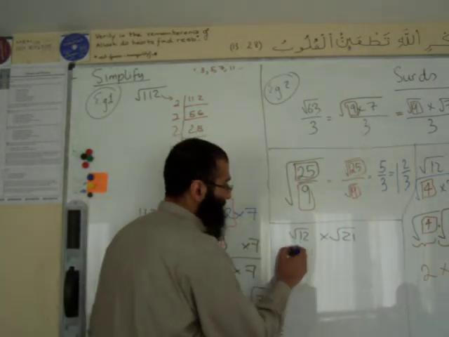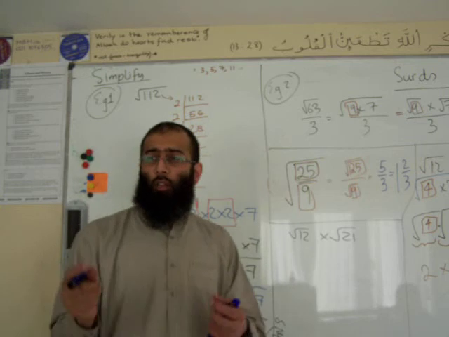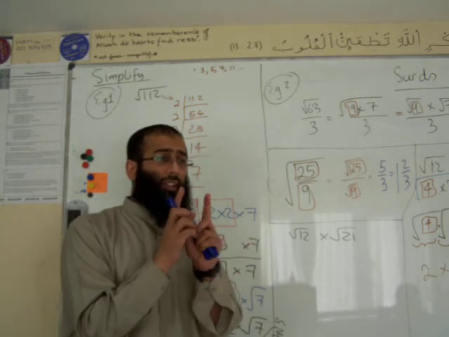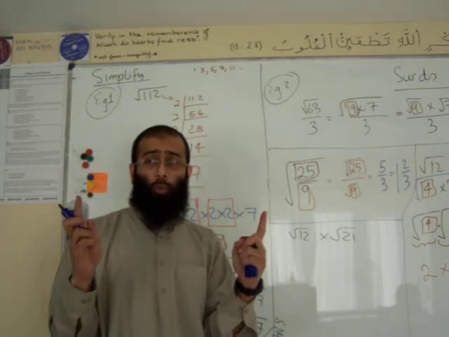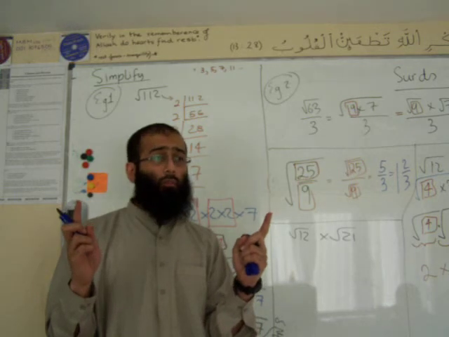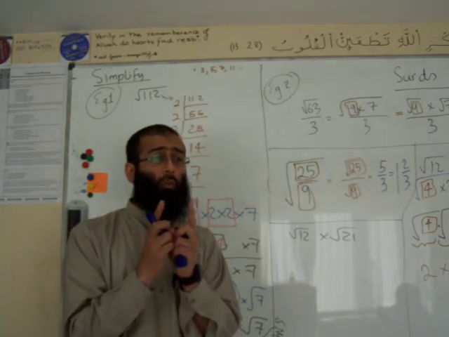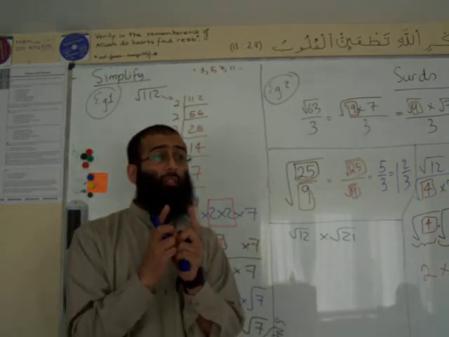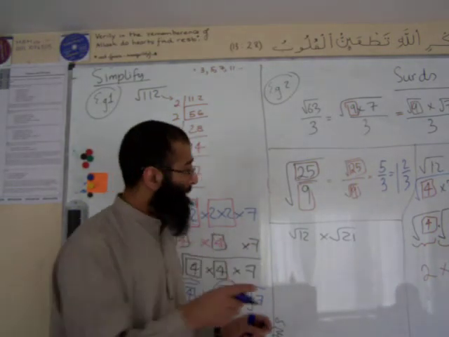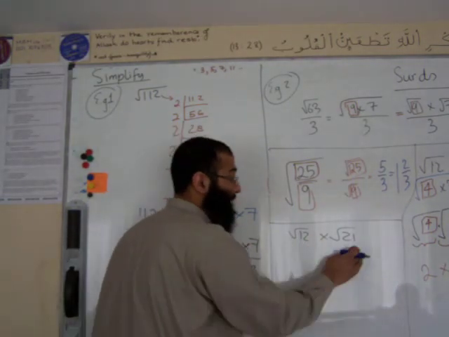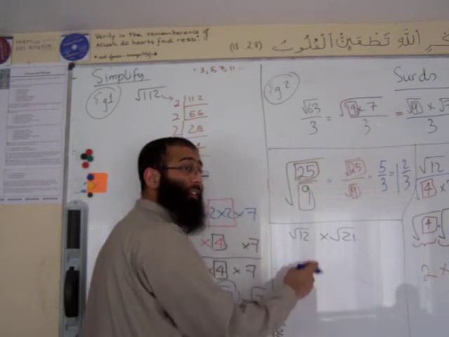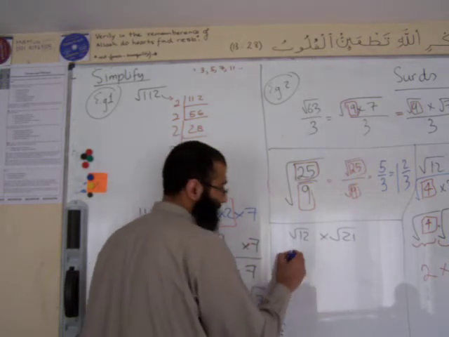Do you remember in the first part we said when you have a root as a product, we can split into 2 parts? Can we do the opposite? Can we get 2 parts put into 1 part? Yes. We can do the opposite as well. So we have 1 root times by another root. Can we put them back together under one thing? Of course we can.